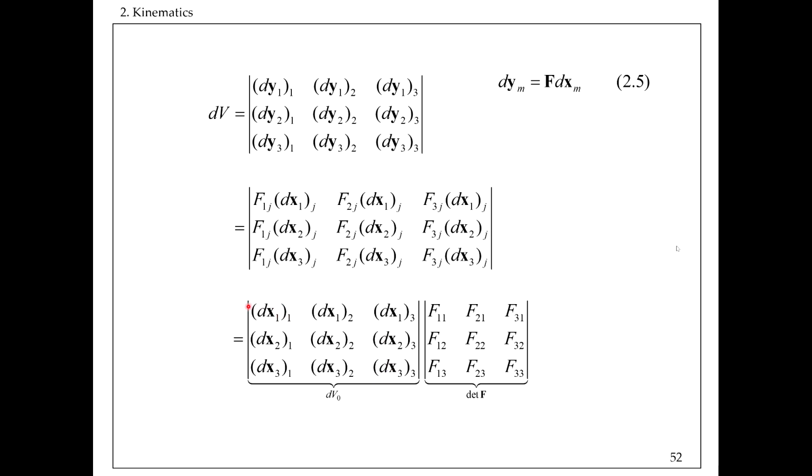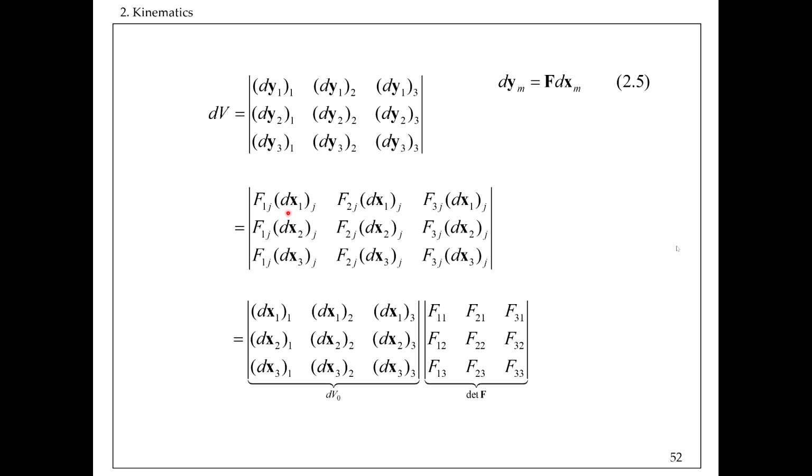Now if we multiply this dx1 1, the first component of vector dx1, with the column here, f11, 12, and 13, we exactly obtain the summation that we wrote in here.